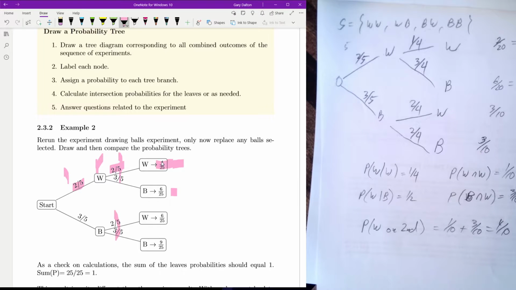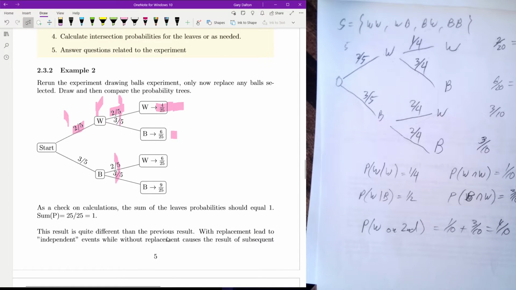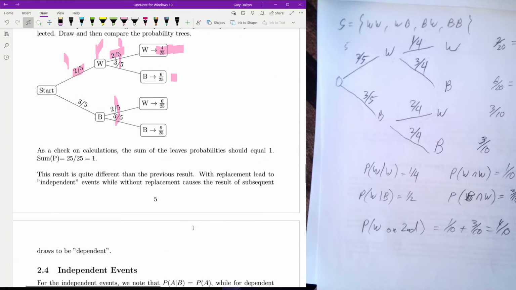Again, 4 plus 6 is 10, plus 15 is 25. So again, this should total 1. It's a very different result. Because we were doing a replacement, it leads to what we call independent events, and I'm going to gloss over that. I'm actually going to skip it in this lecture, so let's just keep on moving.